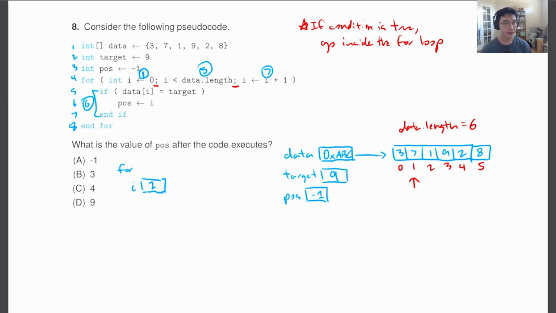Okay. And then after that, we go once again to the condition. And you ask yourself, is 2 less than 6? True. Because the condition is true, you go inside here. Okay, so you see how it's looping over and over.